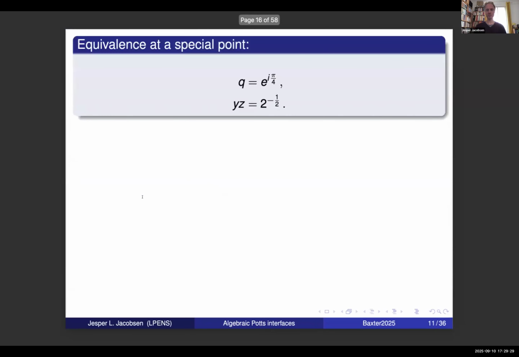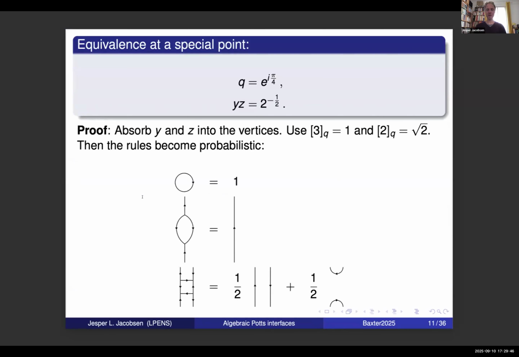So if I take q equals e to the i pi over 4, and there is the same number of sinks and sources, so y and z only appear in the combination y times z, so let's take that product to be 1 over square root 2. It turns out then that 3 q-deformed is 1 and 2 q-deformed is square root 2.